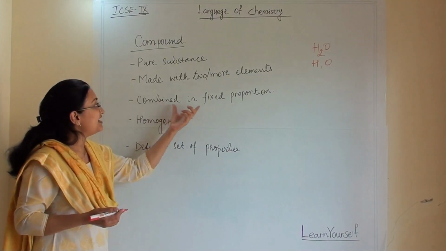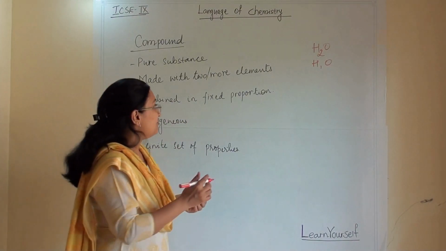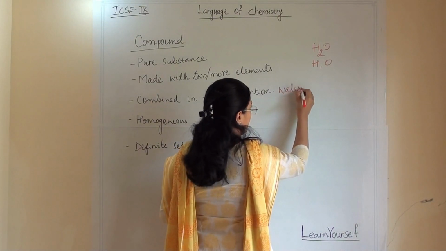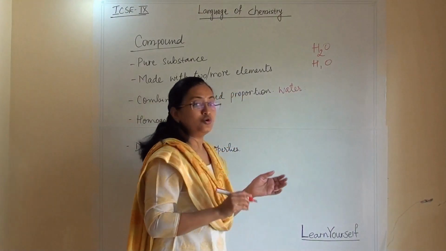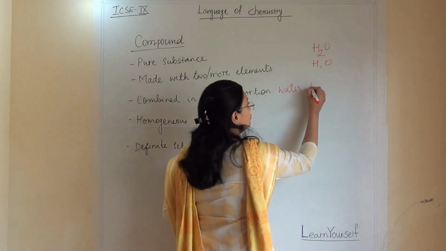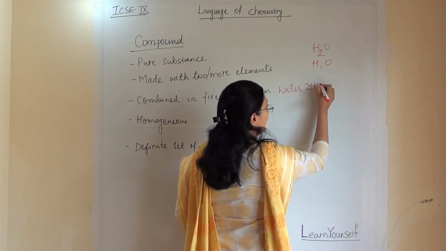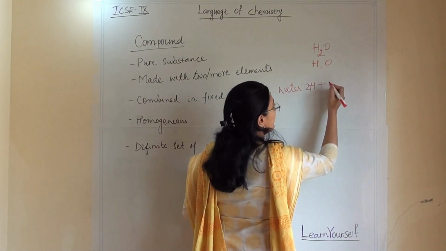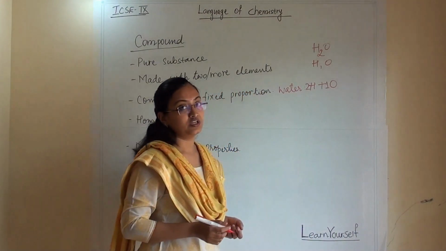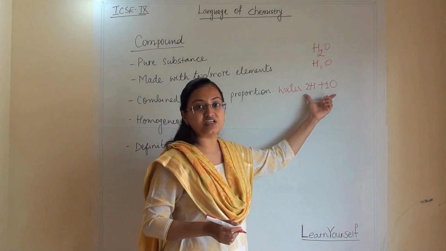It is combined in a fixed proportion. If we are talking about water, then the ratio of hydrogen and oxygen is fixed. The 2 atoms of hydrogen will mix with 1 atom of oxygen, and this proportion is fixed.